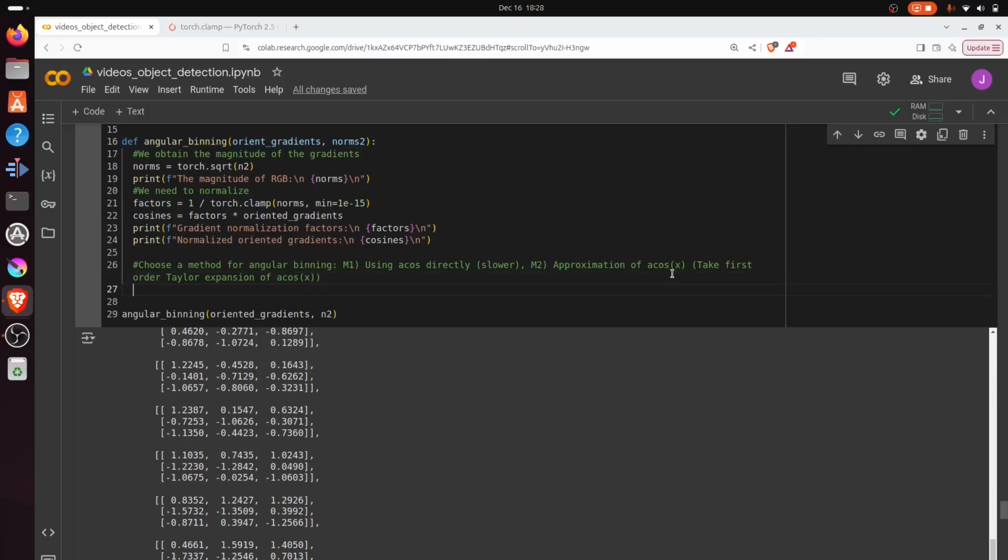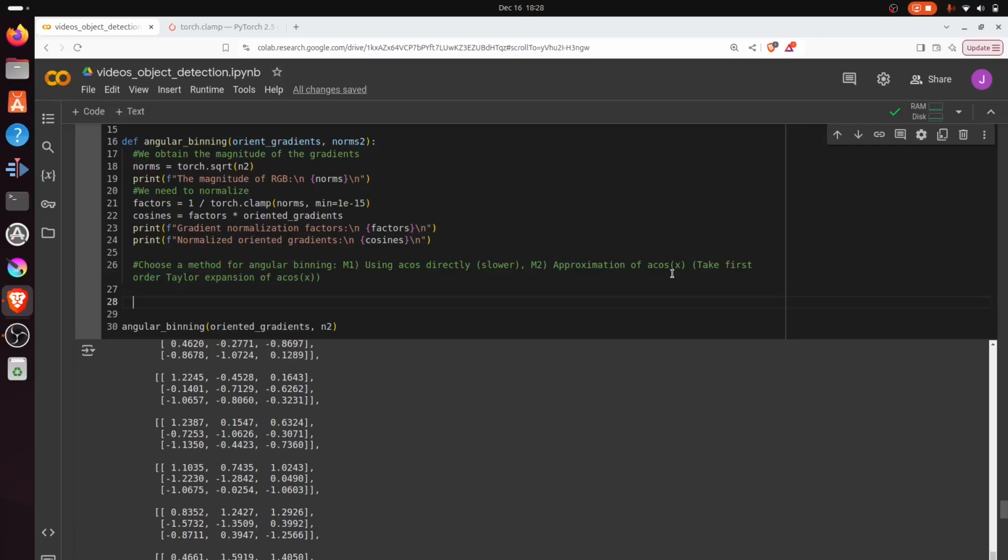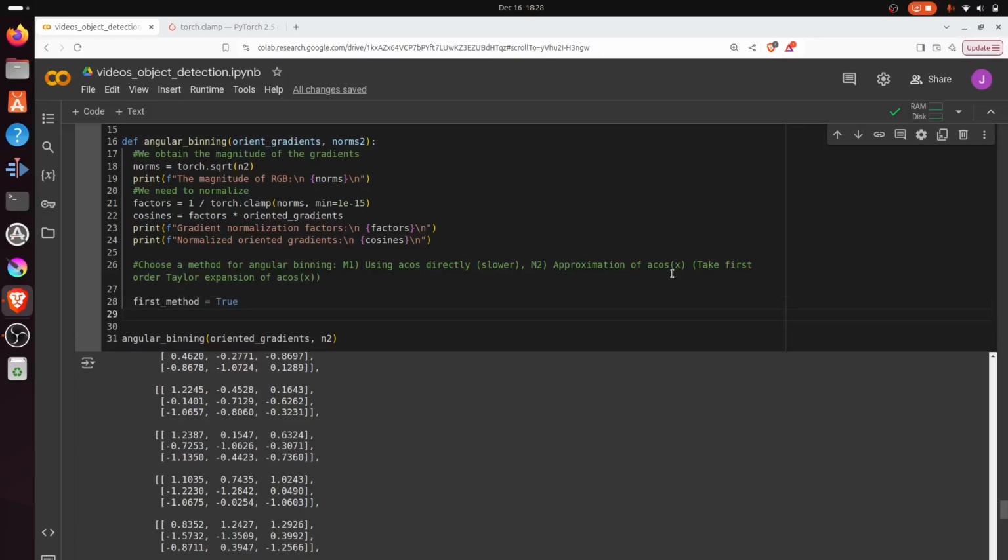Okay, so let's first get started with the direct method. Let me here initialize a variable and call this true. Essentially, let's state here, just to stress this point, that this method is precise.